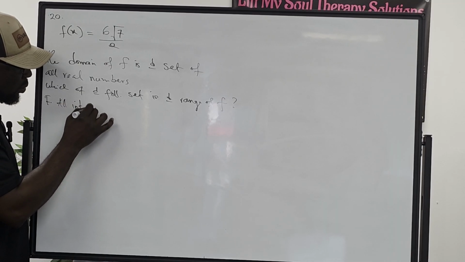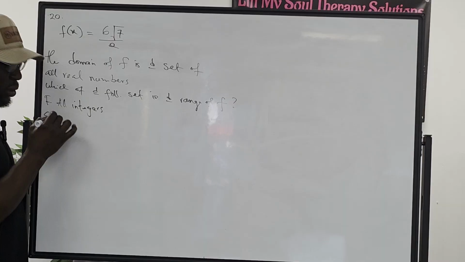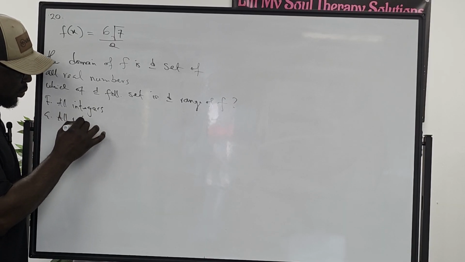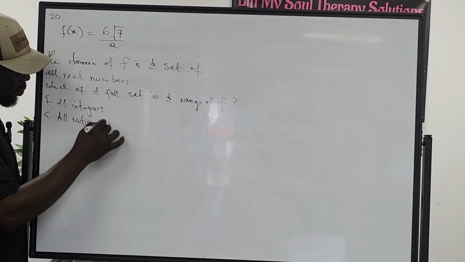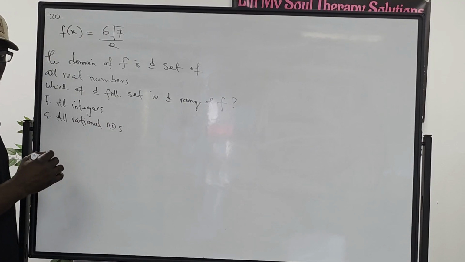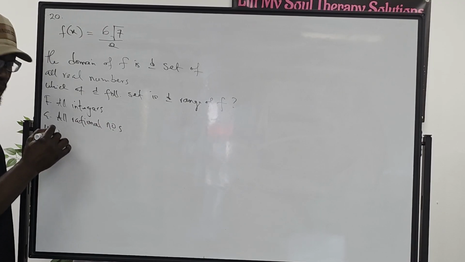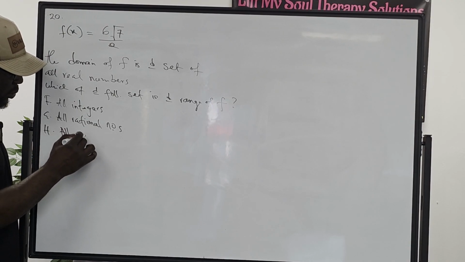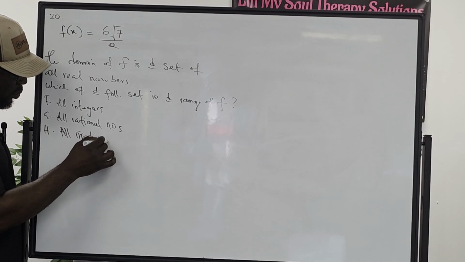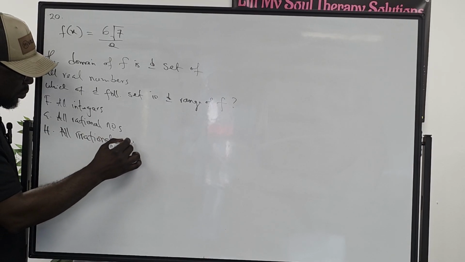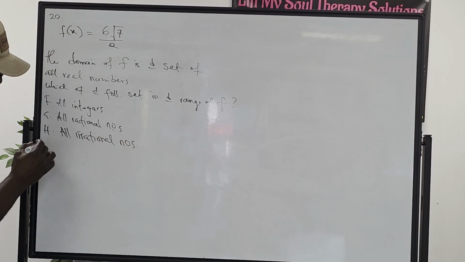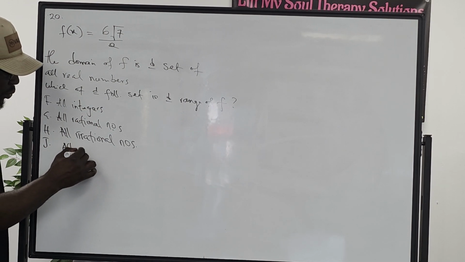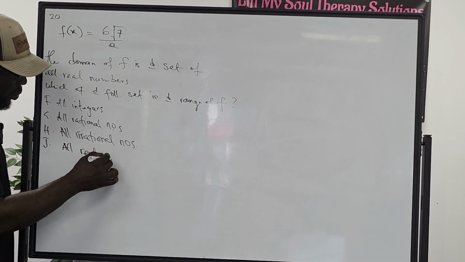Option H says all irrational numbers. And option J says all real numbers.